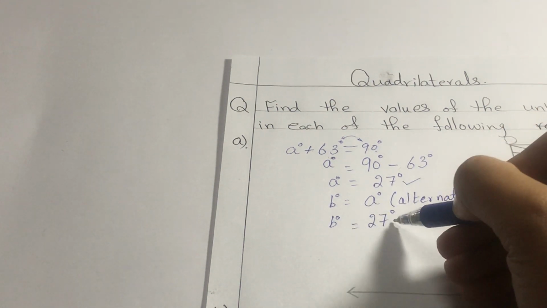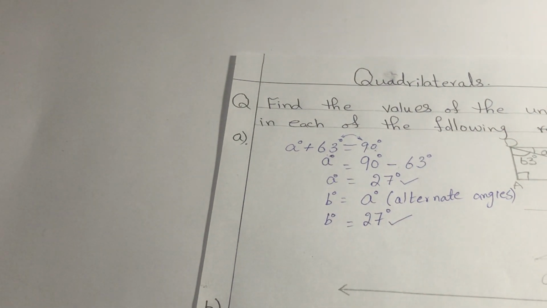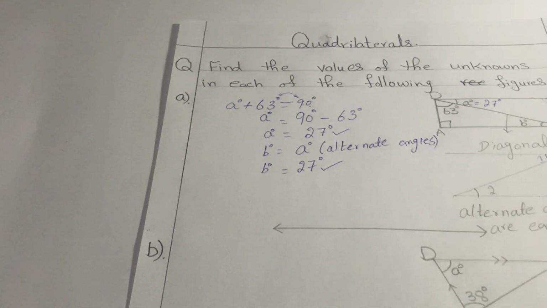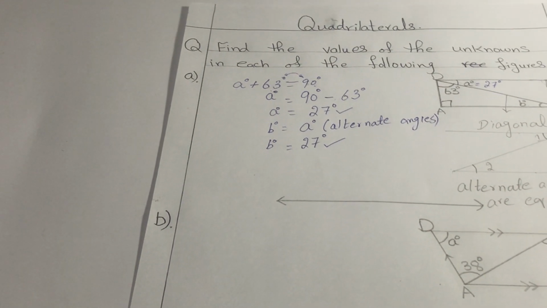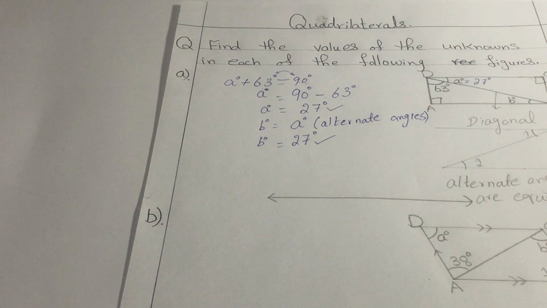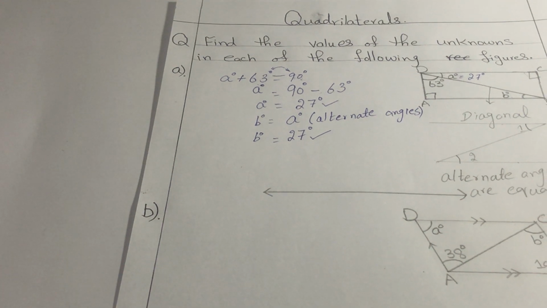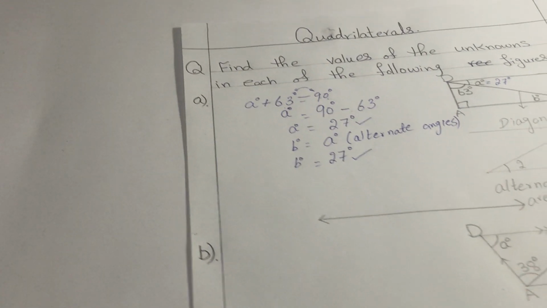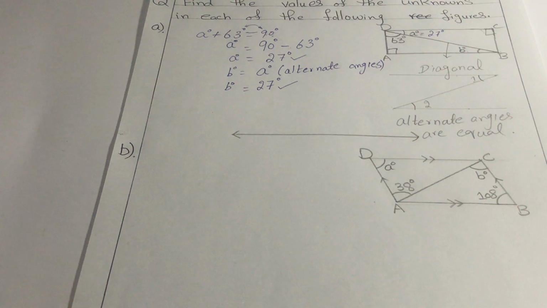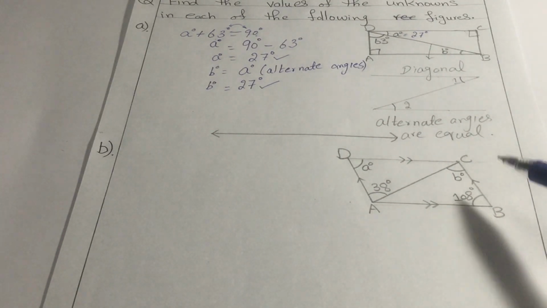So here are your two unknown angles. A is 27 degrees and B is also equal to 27 degrees because both are alternate angles, and alternate angles are always equal. Understood? Now let's move on to the next example. Next example is, you can see which shape it is.